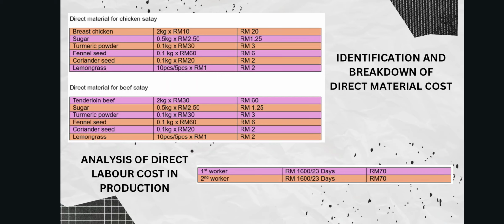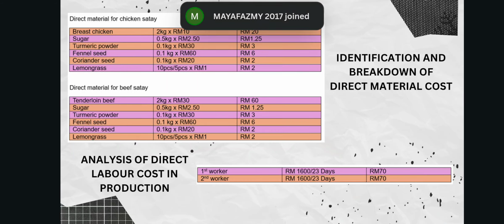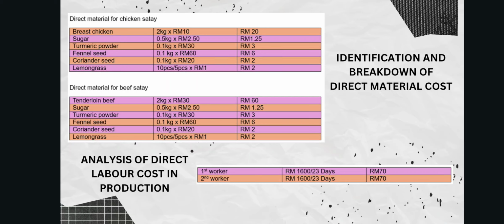And then lemongrass, 10 pieces per 5 pieces times 1 ringgit, they get 2 ringgit. For the direct material for beef satay, they just change breast chicken to tenderloin beef, so they need 2 kg times 30 ringgit to get a direct material cost of 60 ringgit.